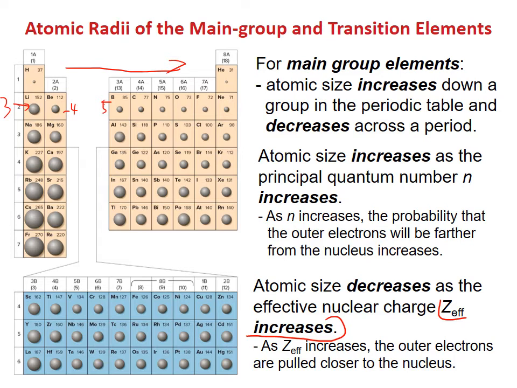Therefore, the increase in the number of protons outweighs the increase in the number of electrons, and the effective nuclear charge increases from left to right. Due to this increase of effective nuclear charge, the outer electrons are pulled closer to the nucleus, and therefore the atomic size decreases from left to right.